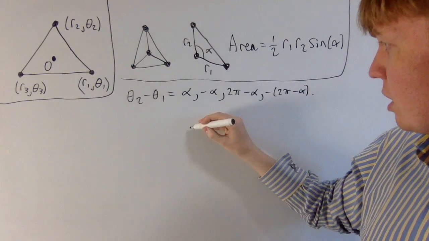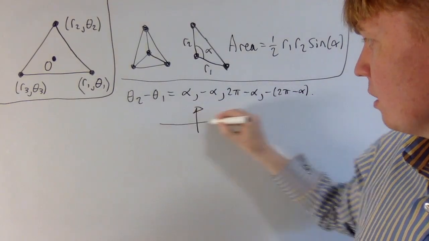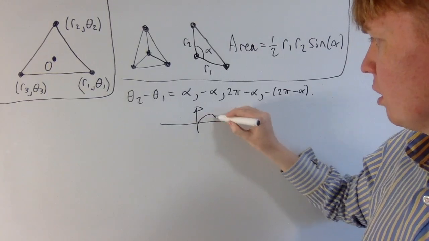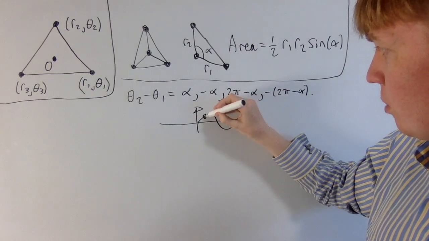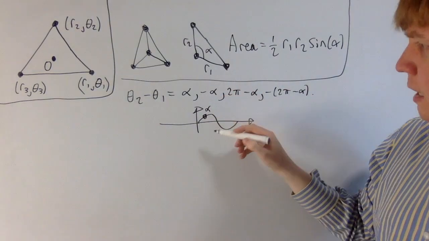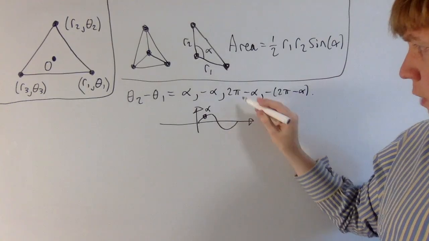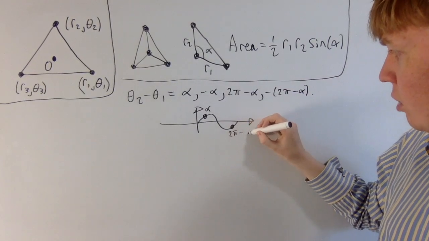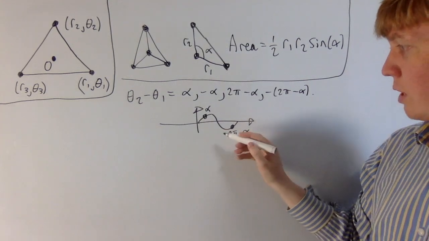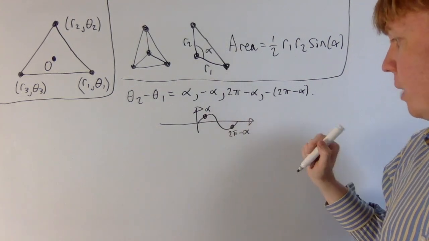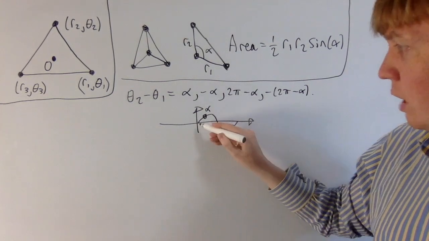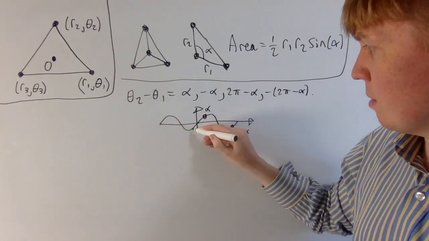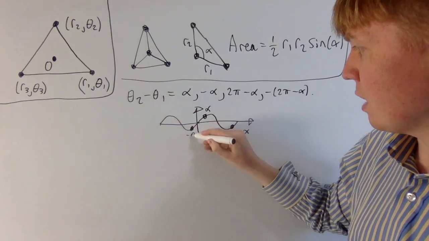So we won't go into all the details of how this works, but basically if we draw a sketch of the sine graph, let's imagine that your point alpha is over here, then let's have a look at some of our different values. 2 pi minus alpha is over here, but you can convince yourself using symmetry of the sine graph that for sine of 2 pi minus alpha, we just need to take the absolute value of this. And we can do a similar trick for sine of minus alpha.